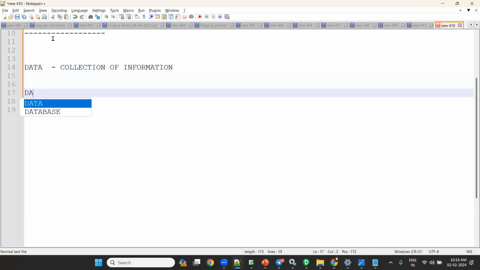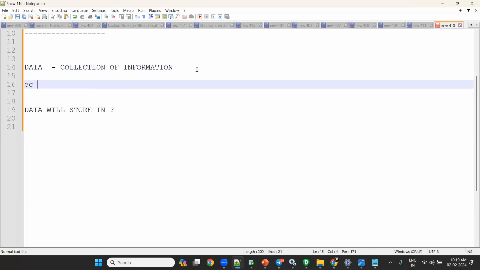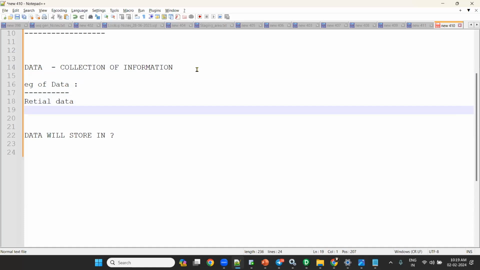Now, where will this data be stored? What are examples of data? As I told you, retail data, that is supermarket. Healthcare data, hospitals or medical shops.